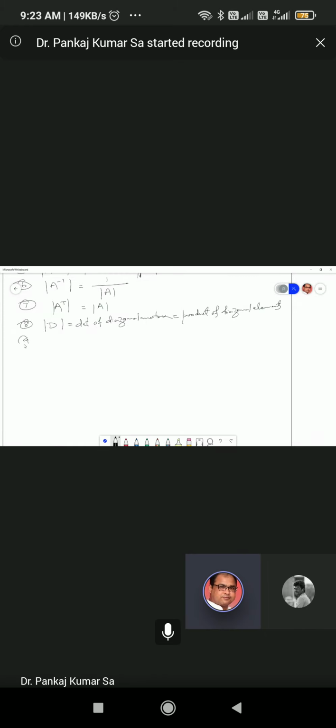Similarly, determinant of lower triangular matrix is also the product of diagonal elements. Determinant of upper triangular matrix is also the product of diagonal elements. Okay.